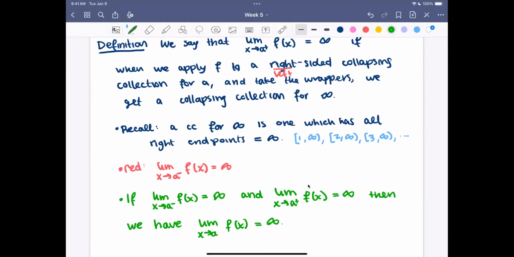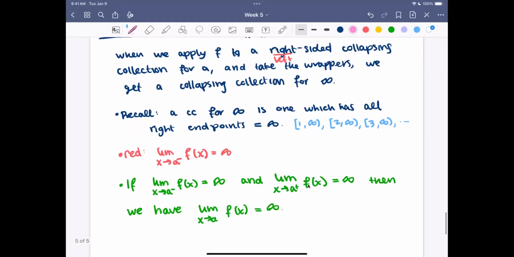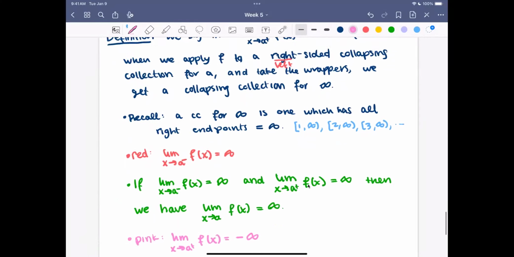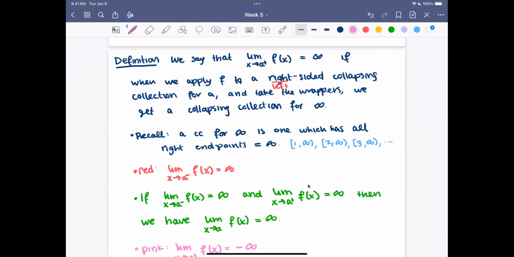So in pink, the limit as x approaches a from the right of f of x equals minus infinity if, when we apply f to a right-sided collapsing collection for a and take the wrappers, we get a collapsing collection for minus infinity, which now would look like this: minus infinity comma 1, minus infinity comma 0, minus infinity comma minus 1, and so on.